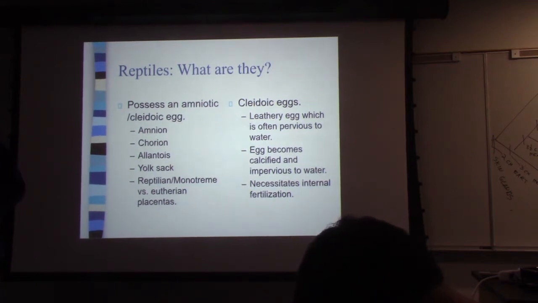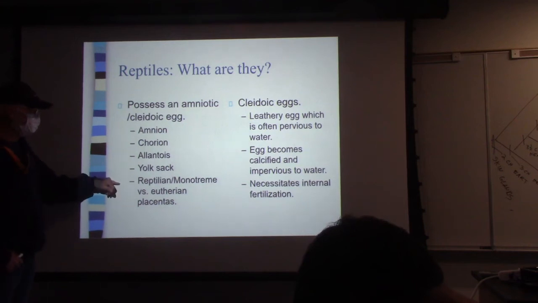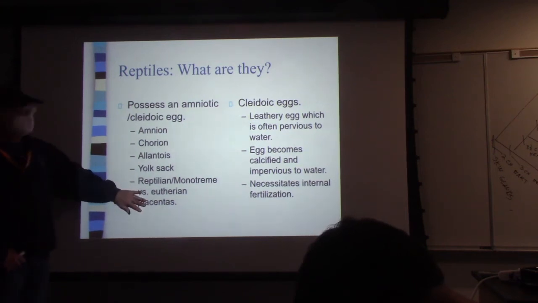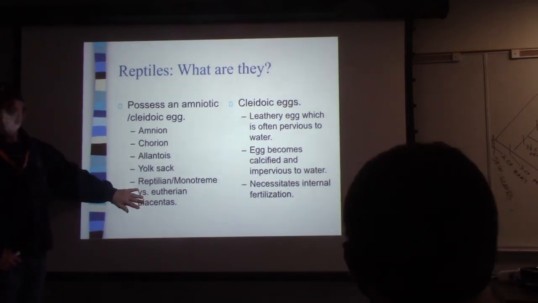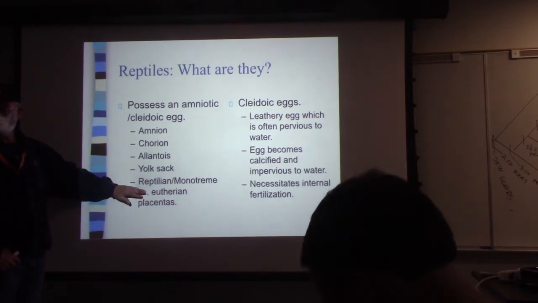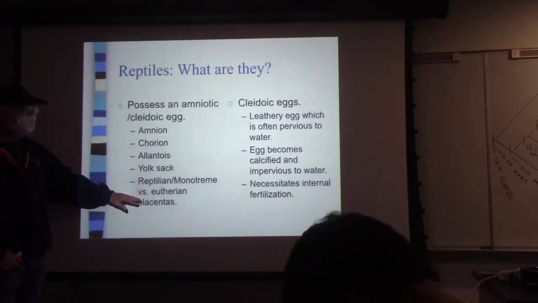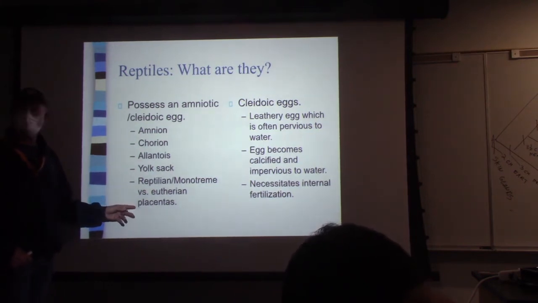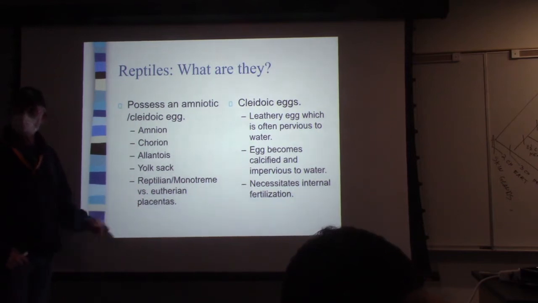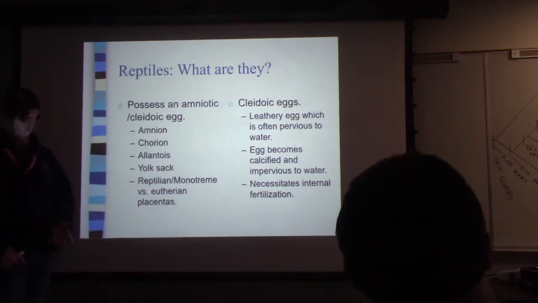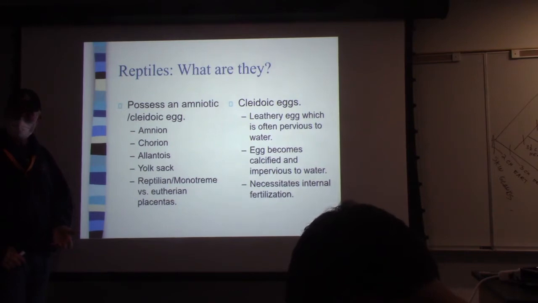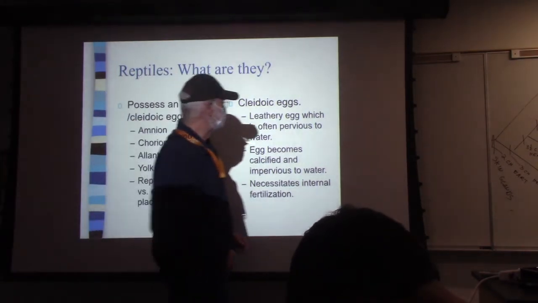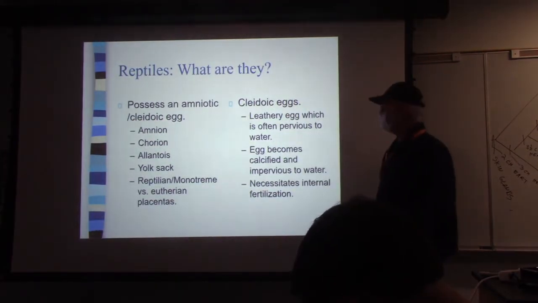Okay? Their placentas are fundamentally different, right? The placentas in reptiles and monotremes are essentially identical. The placentas in eutherian mammals are different, but there are some marsupials that have placentas that look very much like ours. Okay? So there's this weird thing that goes on with the marsupials.